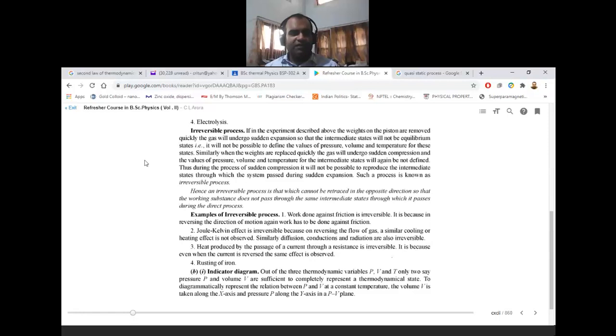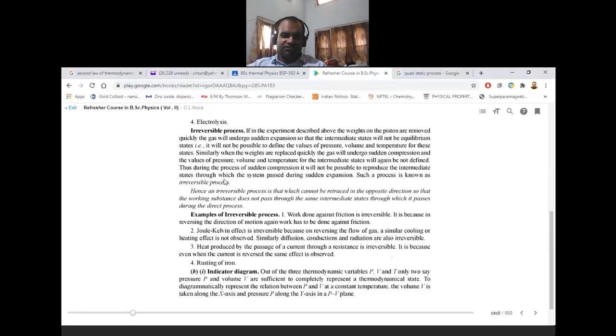Similarly, if you compress the piston very quickly, in that case also there will not be any fixed values of pressure, temperature and volume. So the gas will undergo sudden compression or expansion, and therefore pressure, volume, and temperature will be very difficult to measure, and will not be well defined.